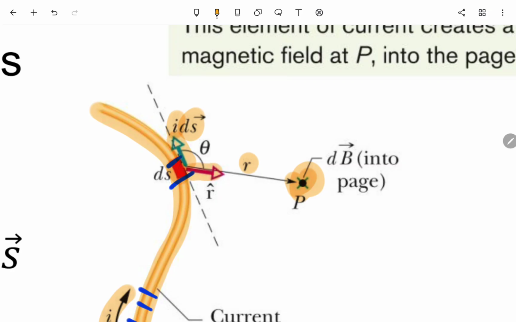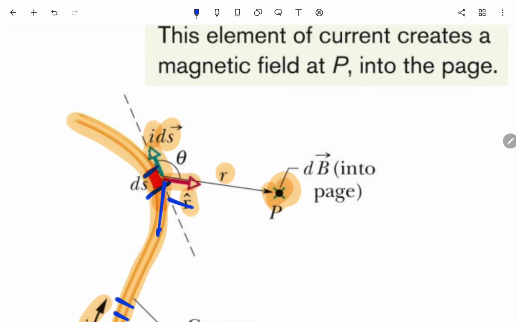So we have r hat, the unit vector in the r direction, counted starting from the current segment. This is the r axis.